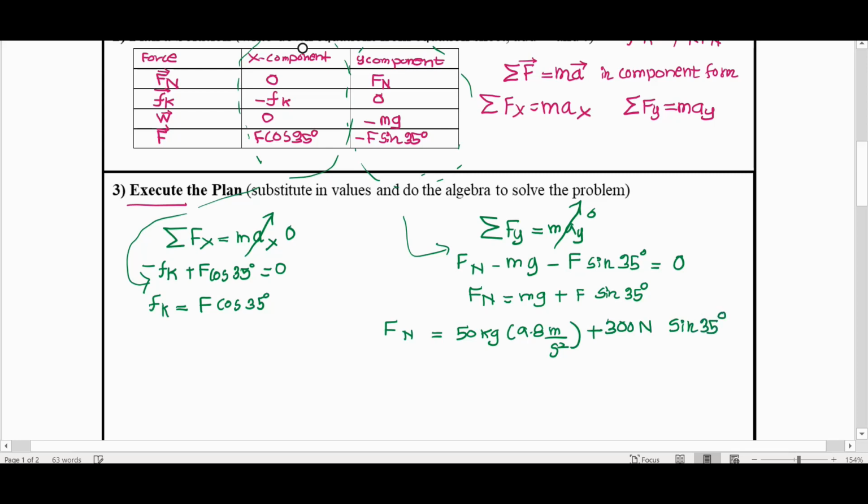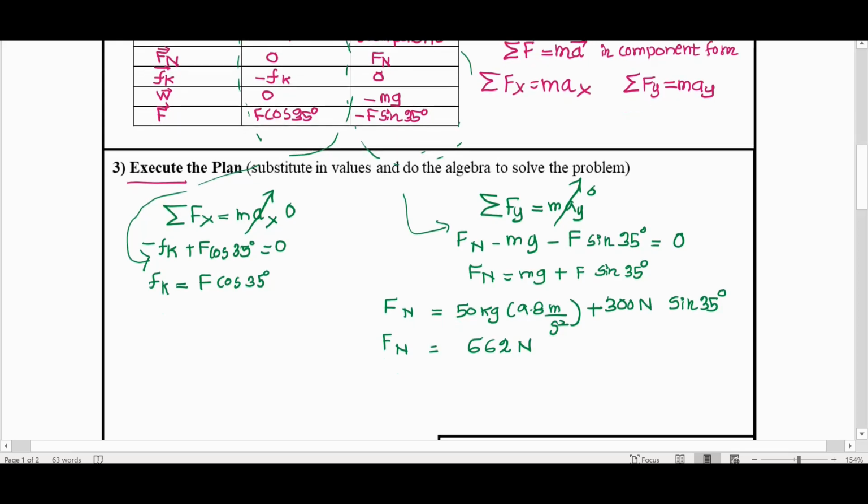And if you add these two, you will end up getting 662 newtons. And we know that normal force times the coefficient of kinetic friction is equal to kinetic friction acting on the crate.